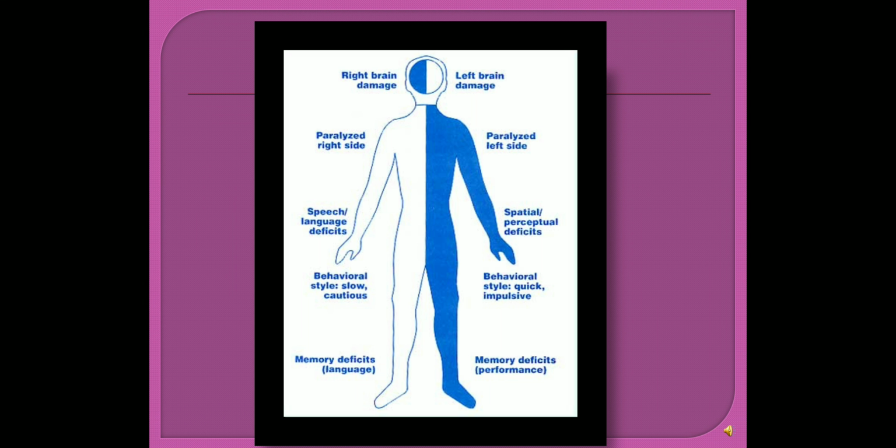So in this picture, the blue color denotes that the right side of the brain is affected. That's why paralysis occurs in the left side of the body. At the same time, there are other associated problems like perceptual deficit, behavioral changes, and memory deficit.